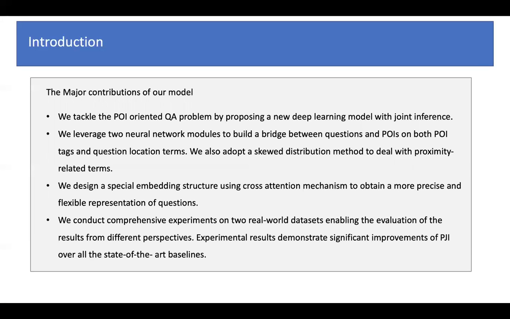We design a special embedding structure using cross-attention mechanism to obtain a more precise and flexible representation of questions. And we conduct comprehensive experiments on 2 real-world datasets, enabling the evaluation of the results from different perspectives. Experiment results demonstrate significant improvements of PJI over all the state-of-the-art baselines.